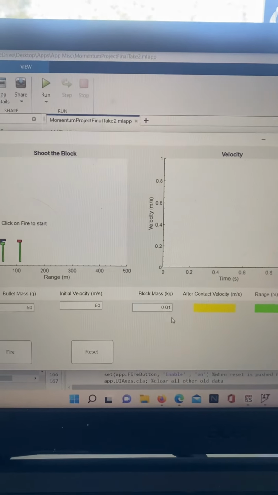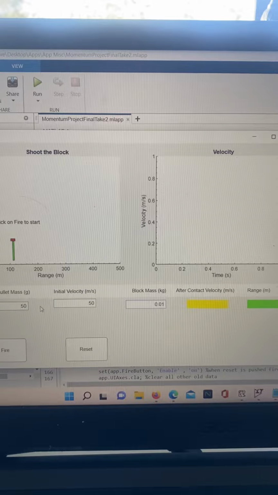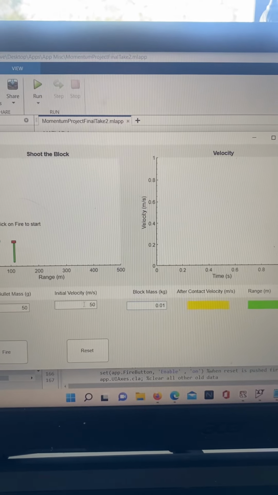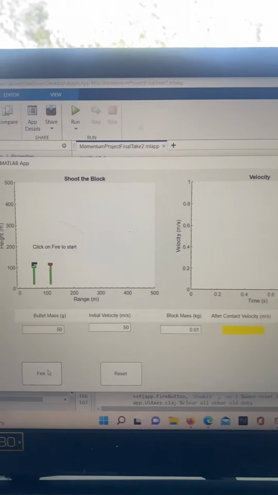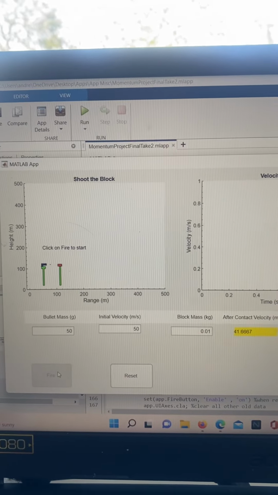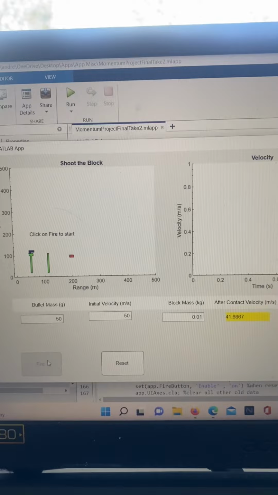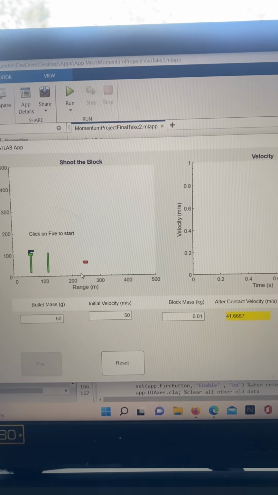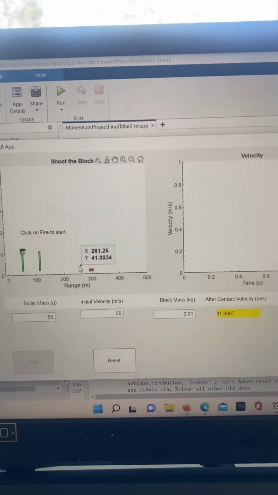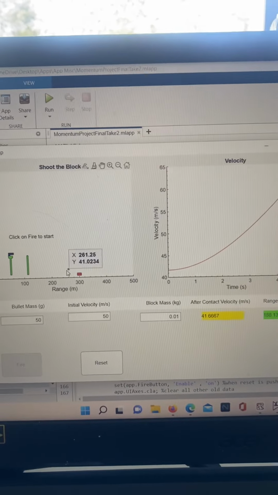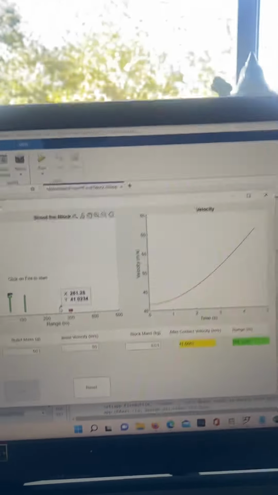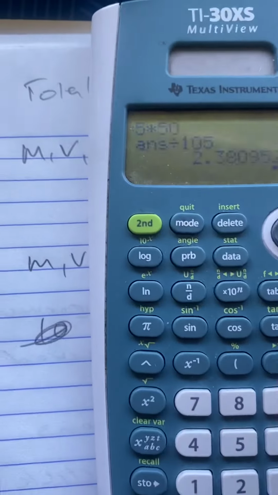So we'll make it 10 grams, and we'll keep the bullet mass the same and the velocity the same, and we'll hit fire. We'll see what that does. It fires off. Now we get a little bit of movement. So that should be 41. So let's go to the calculator to see if that works out.